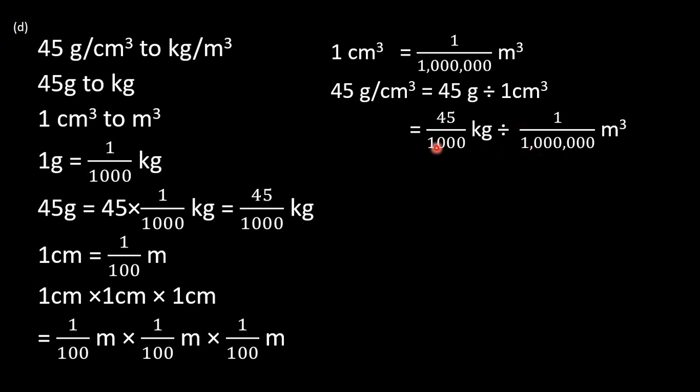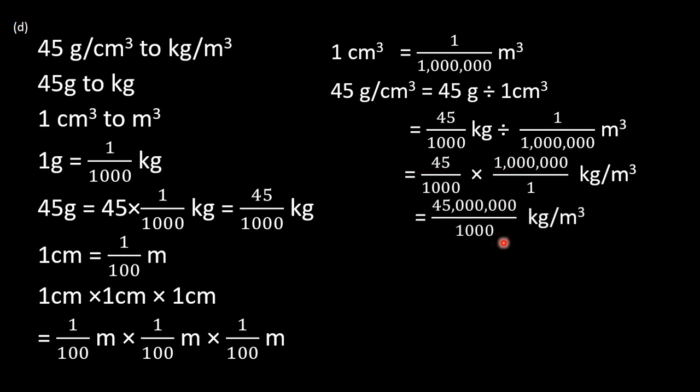And then the kilograms divided by cubic meters will be kilograms per cubic meter. So if we multiply 45 times 1 million, it gives us 45 million. Then 1000 times 1 gives us 1000. So we shall have 45 million divided by 1000 kilograms per cubic meter. If we divide this, 3 zeros will go, and therefore we shall remain with 45,000 kilograms per cubic meter.